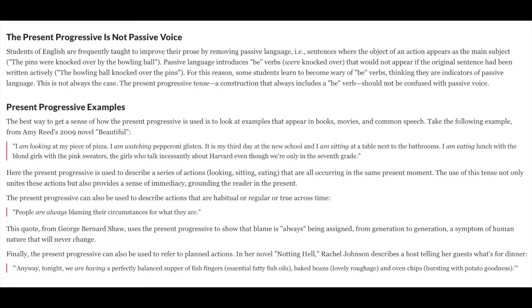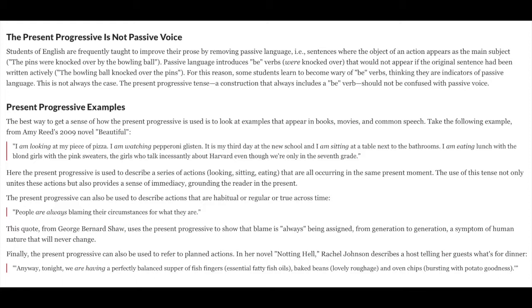Here, the present progressive is used to describe a series of actions, looking, sitting, eating, that are all occurring in the same present moment. The use of these verbs not only unites these actions but also provides a sense of immediacy, grounding the reader in the present.